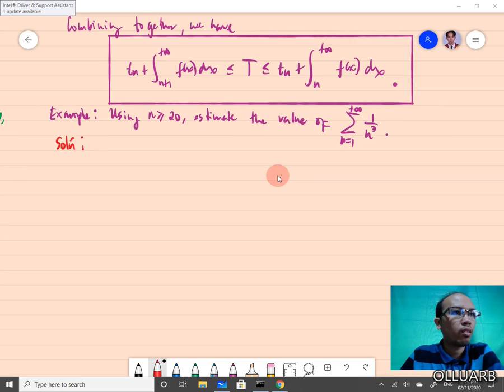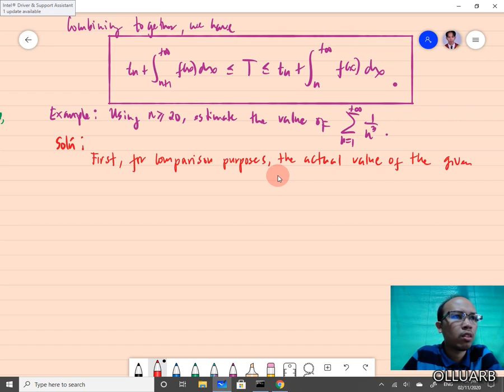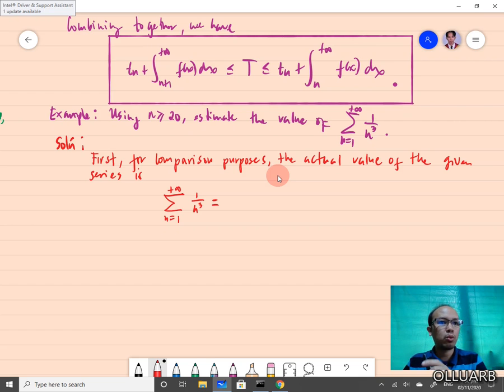First, for comparison purposes, the actual value of the given series, as you can see here, n starts from 1 to positive infinity, is equal to, remember that we didn't compute this by hand.